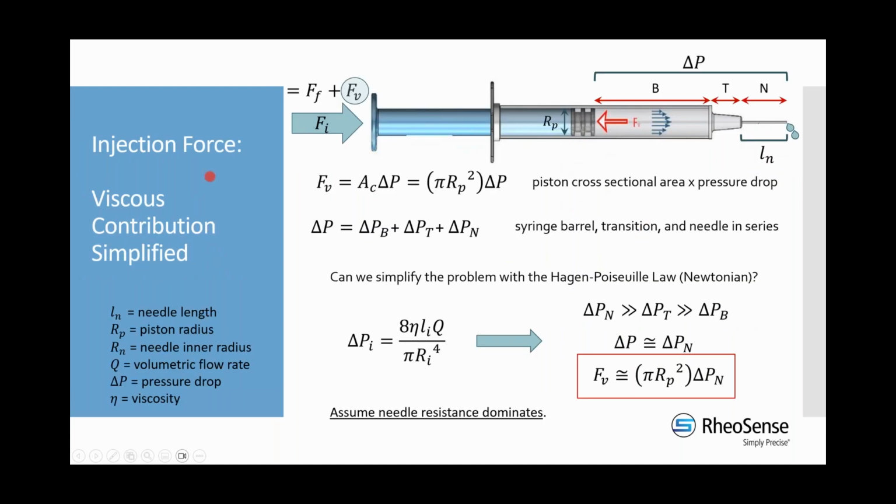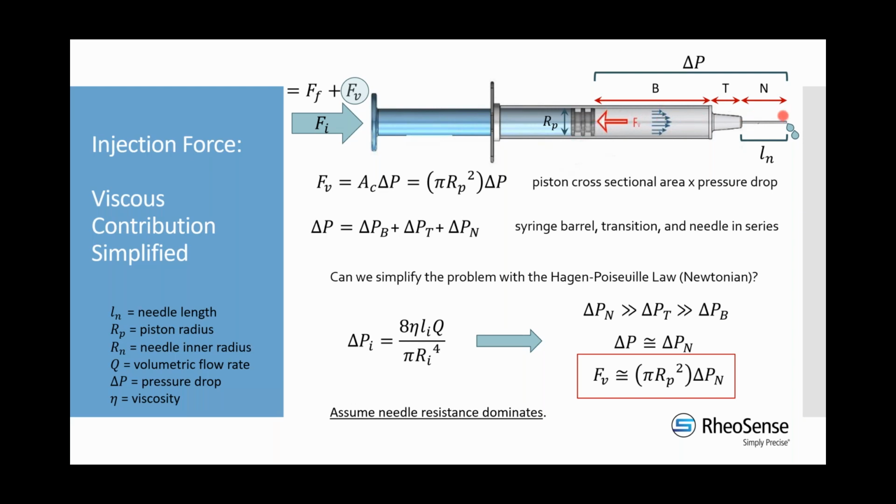Okay, hopefully we're caught up and on the right slide. Now we want to simplify things, because we have this flow path from the barrel to the needle exit with different lengths and different inner radii.